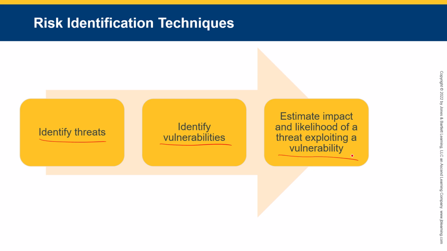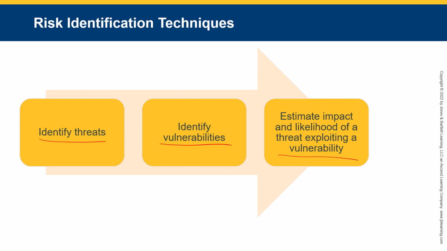And both of those allow us then to figure out the impact and likelihood of that threat realizing that vulnerability. And I use the word realizing because that's really what exploiting is. It's finding the weakness, the vulnerability, and then actually doing something with it, realizing the weakness.